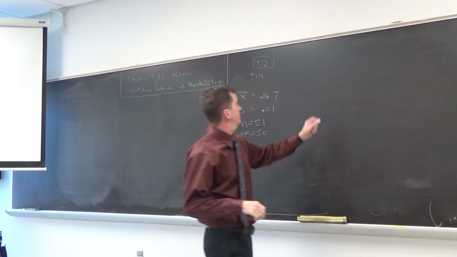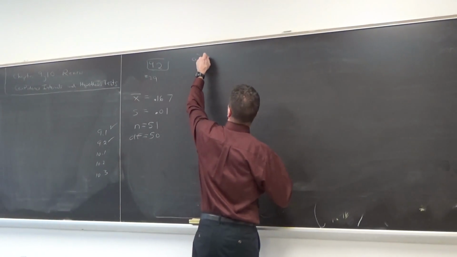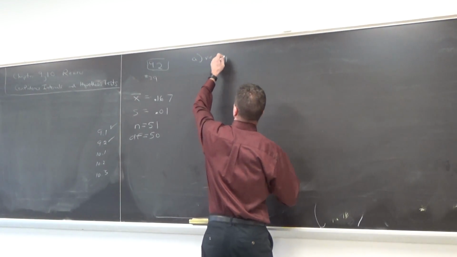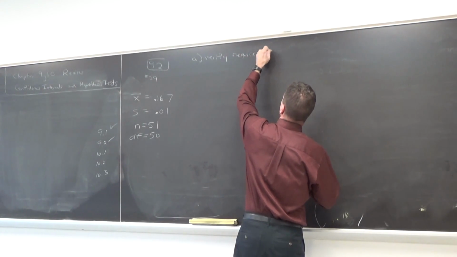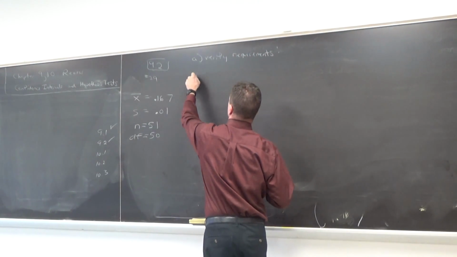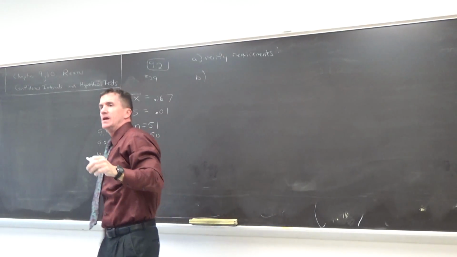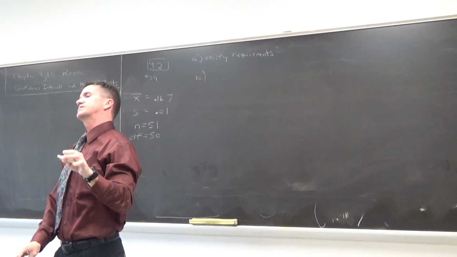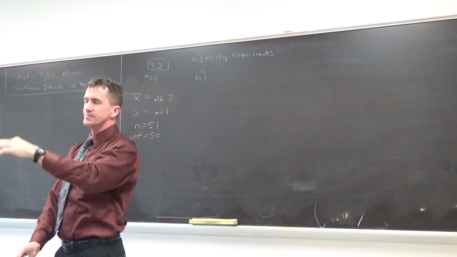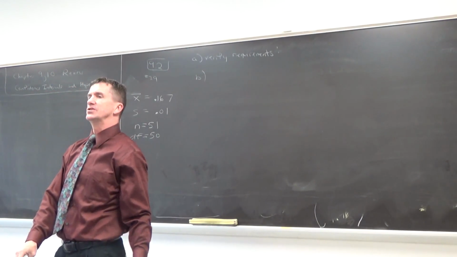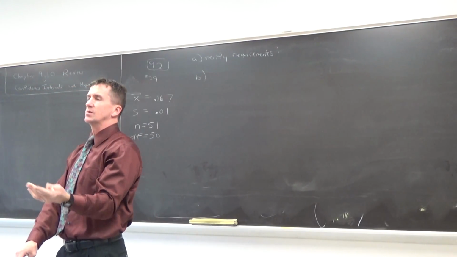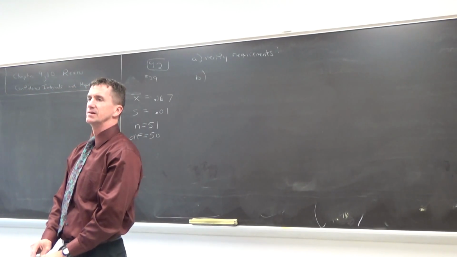So letter A, can you verify requirements? Now this time, everyone, this is not the NPQ greater than or equal to 10. Because we're dealing with means, if we want to ensure that the distribution of the sample mean is approximately normal, the sample size has to be greater than or equal to 30, is it?